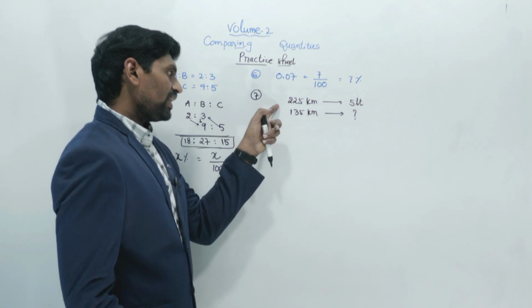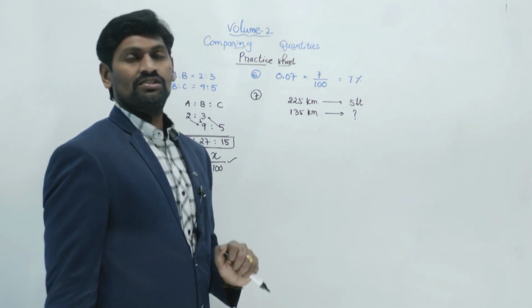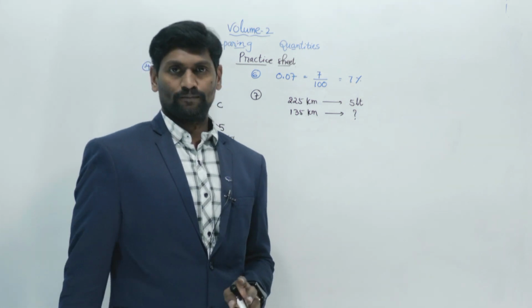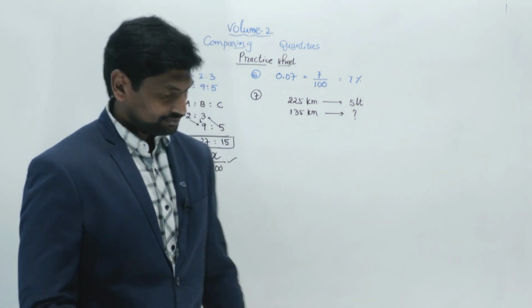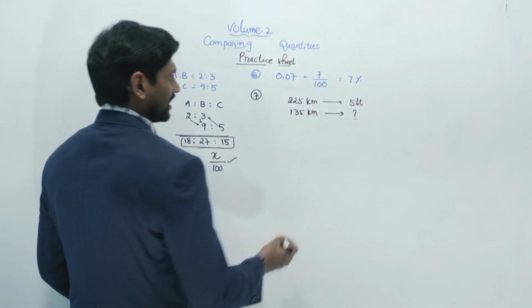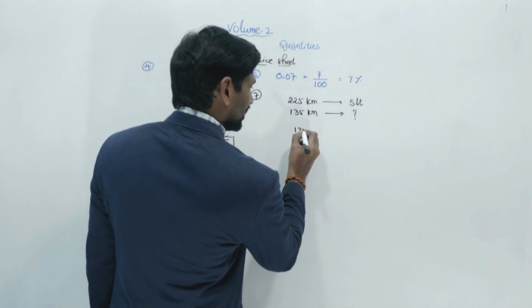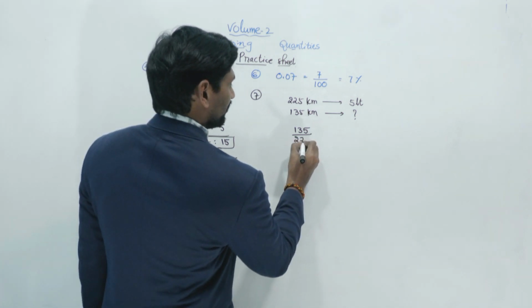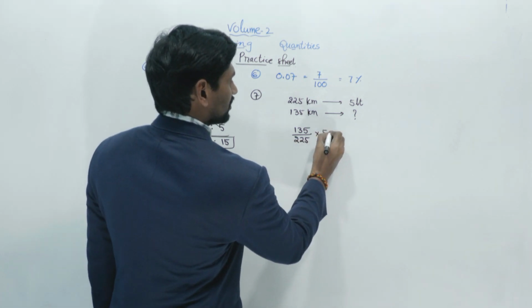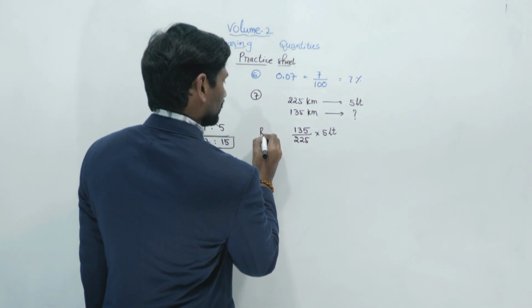Now, is 225 more or 135 more? 135 is less, so definitely a smaller number of liters is required. So we can use the concept of less by more. That means we should find the value of 135 kilometers out of 225 with 5 liters of petrol. This is our required answer.